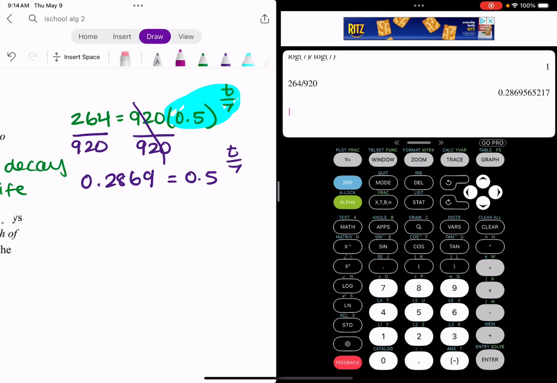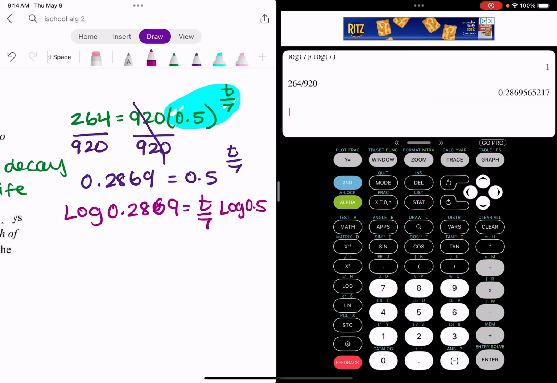At this point, to bring the T out of the exponent, I'm going to take the log of both sides. And I'm going to take this shortcut. Now, I'm trying to get the T by itself, so I'm going to divide by log of 0.5 on both sides. And again, this is what I mean by no rounding.